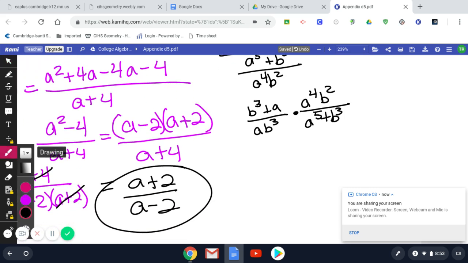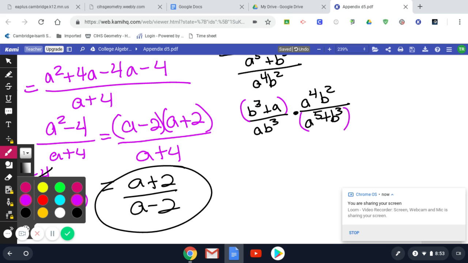And when I do that, just keep in mind, each of these are factors. So as I look at that, then what I'm going to see is my a can cancel, so this becomes a to the 3rd. My b to the third cancels with the squared to become b to the first.